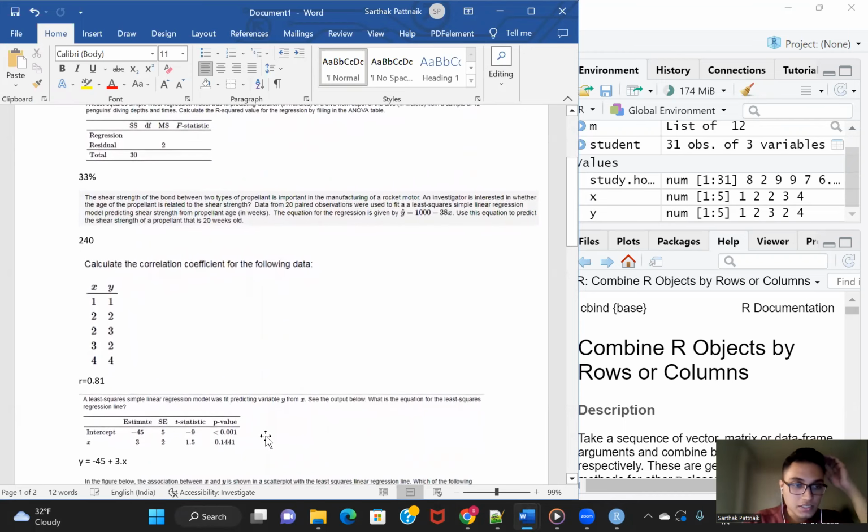Now the next question says, a least square simple linear regression model was fit predicting y from x. See the output below. What is the equation of the least square regression line? You have been given the summary table of a least square simple linear regression model. From that, you need to derive the equation of the line.